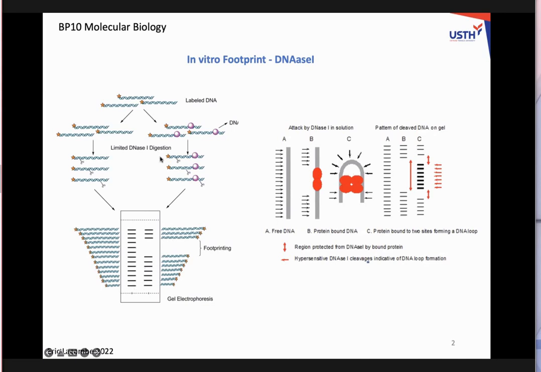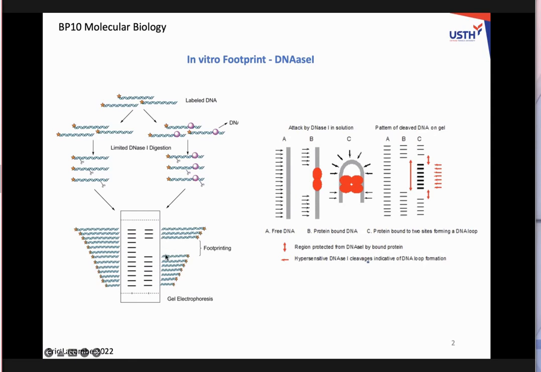But if we do the same experiment, but before we put the protein extract, and if in this protein extract there are proteins that are able to bind DNA, they will protect the DNA from the DNase 1. So we will have cuts only in the place where there is no protein DNA interaction.